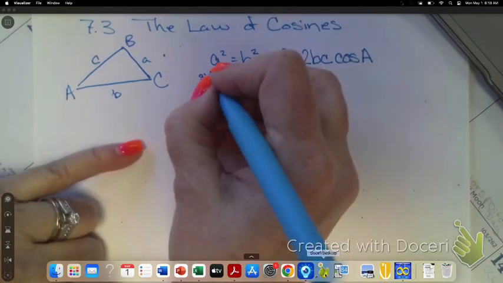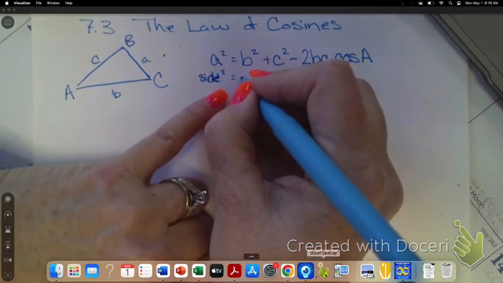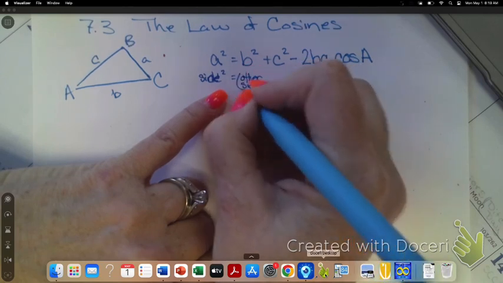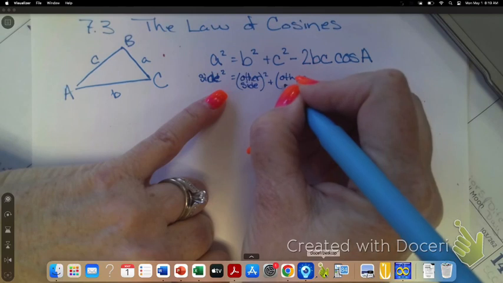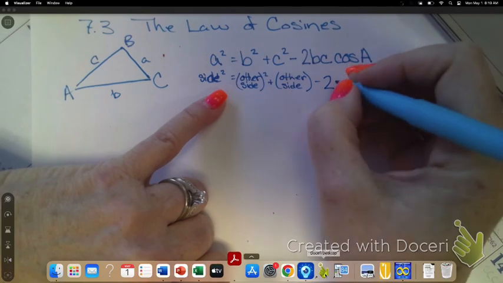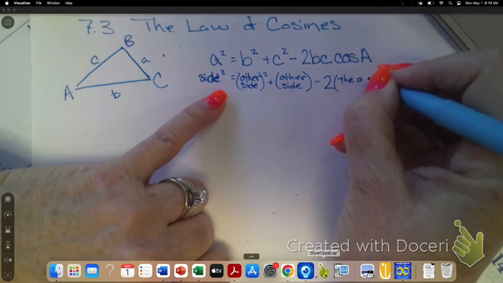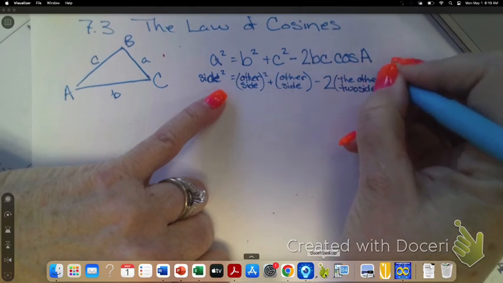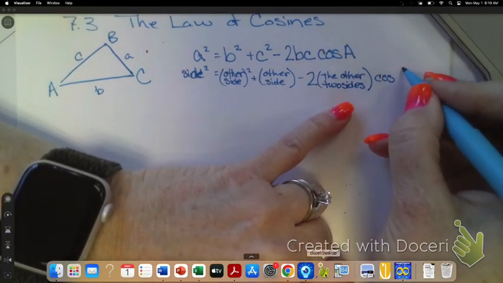Side squared equals other side squared plus other side squared minus 2 times the other two sides, cosine of angle A. How am I going to phrase that?